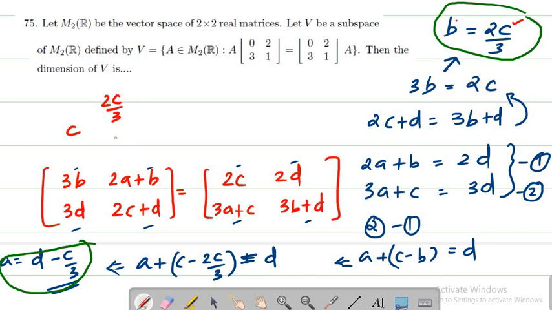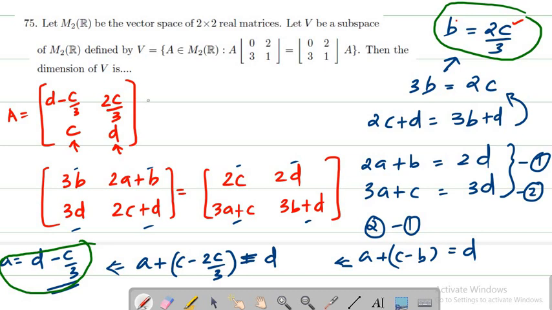Now if you know d also, you can easily write a as d minus c by 3. So you have the matrix, a general matrix A, or all the matrices in this V will be of this particular form. That means we need to know here about two guys, c and d, and if you know that, you can write the complete matrix.